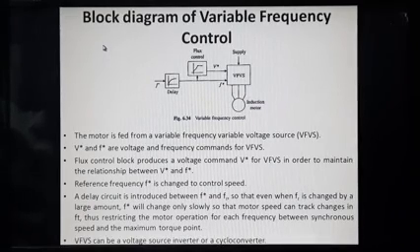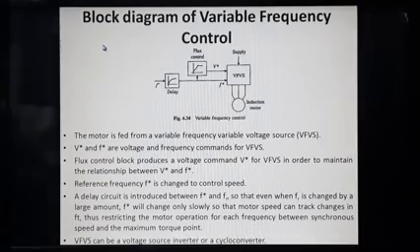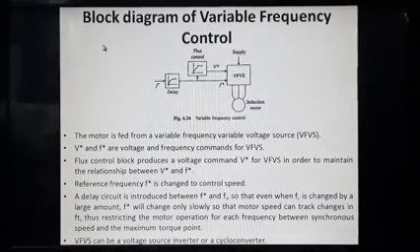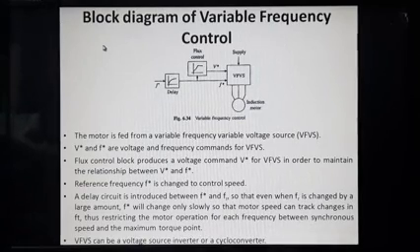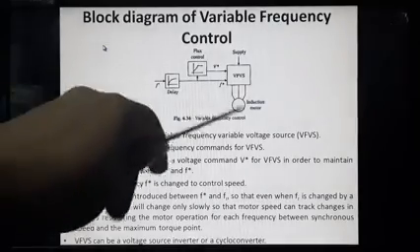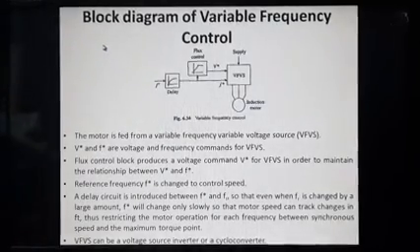That change will be done gradually. This delay block is actually used to bring the change in the frequency gradually. Then only the motor will be able to track the change in the speed.